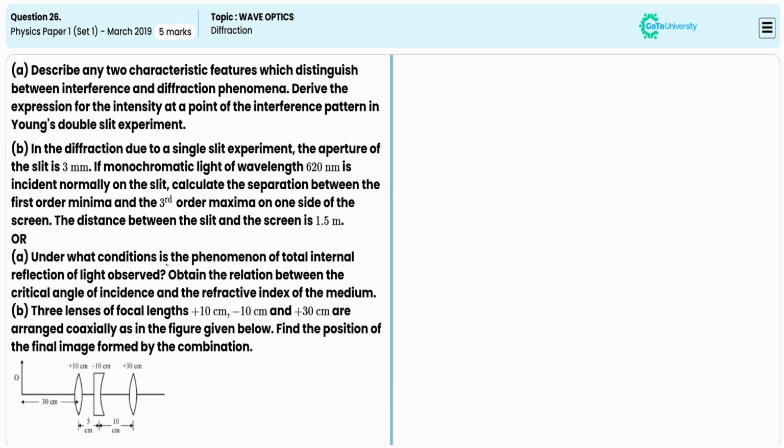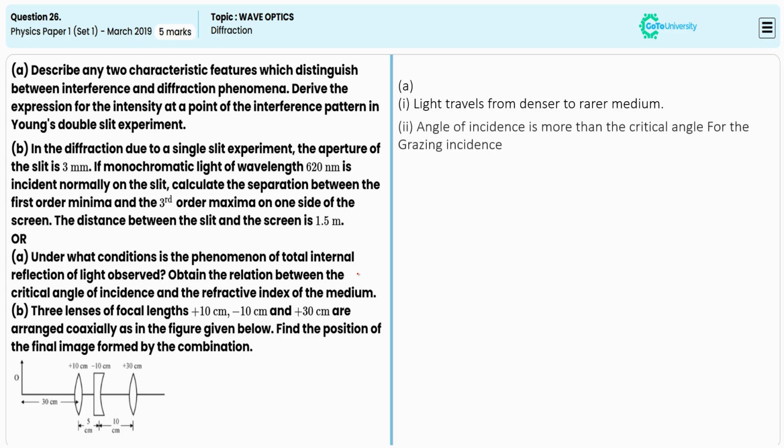Under what conditions is the phenomenon of total internal reflection of light observed? Obtain the relation between the critical angle of incidence and the refractive index of the medium. The first point, the light travels from a denser to a rarer medium. This is one of the conditions of this phenomenon. Second point, the angle of incidence is more than the critical angle.